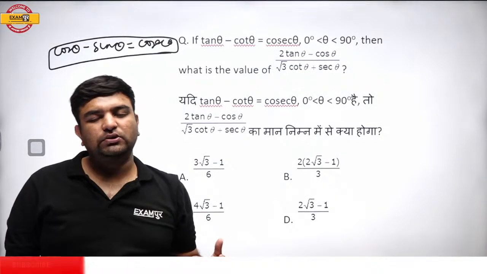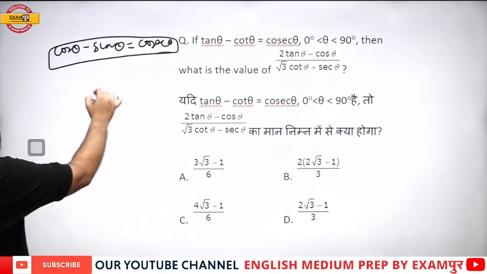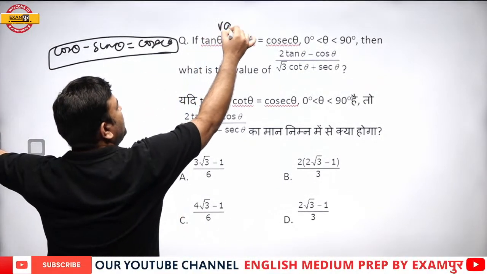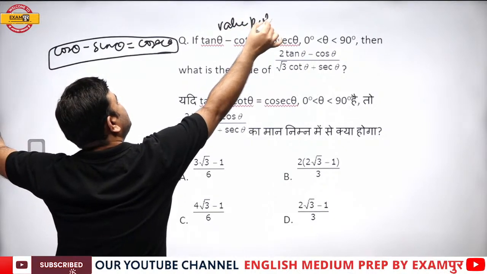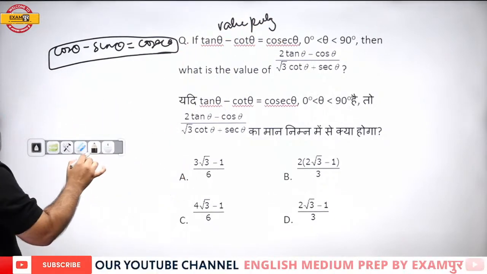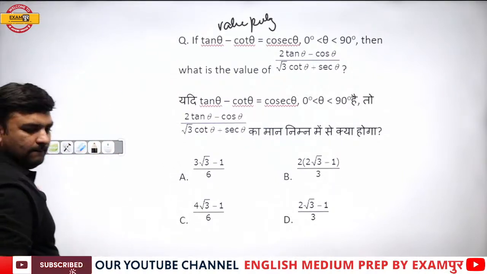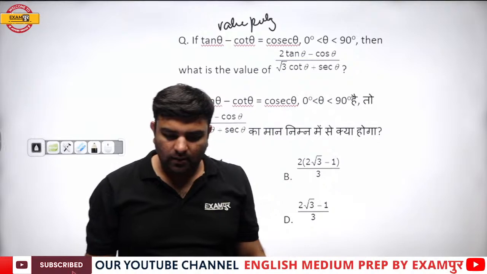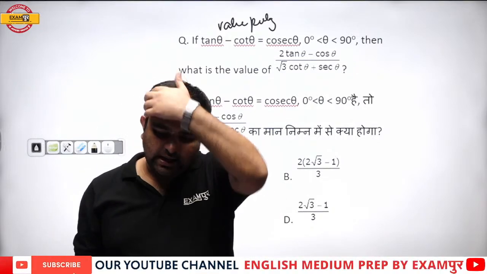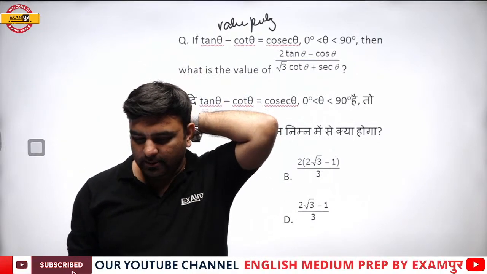So in all these questions, you would always go for value putting. Is the logic clear? What are the questions I'm telling?